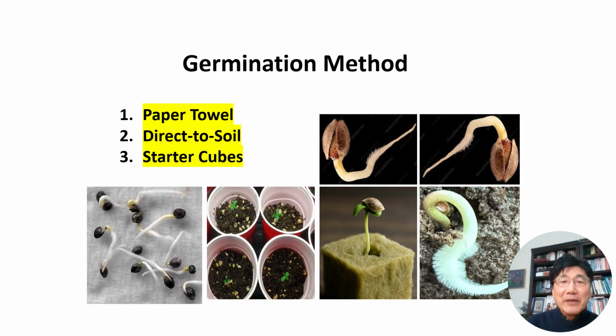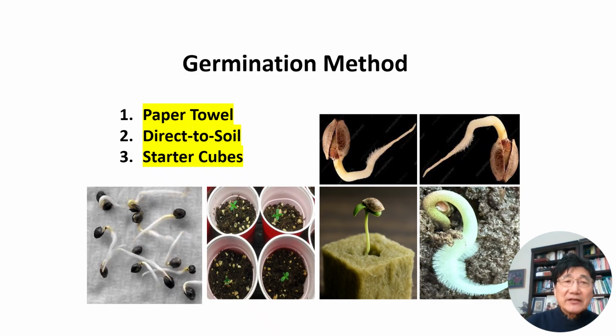Place 1 damp paper towel on a flat surface. Arrange the cannabis seeds evenly on the damp paper towel with full contact. Cover the seeds with the second moist paper towel and fold loosely. Place the paper towels in a Ziploc bag to maintain moisture and create a humidity dome effect.